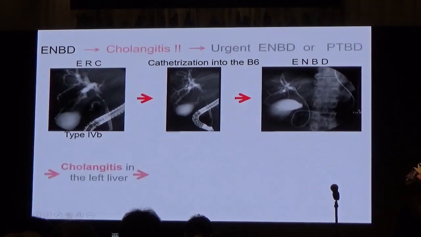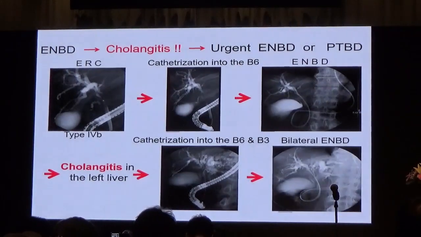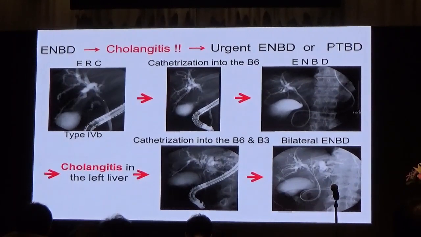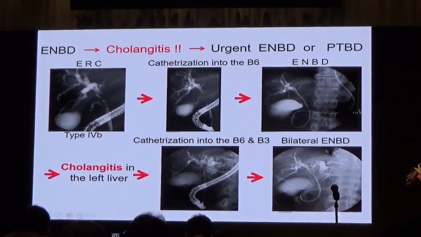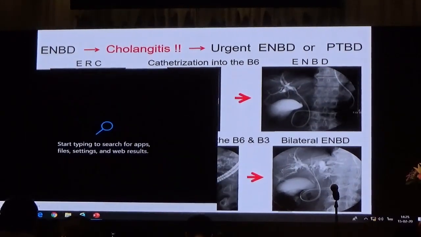However, this patient developed cholangitis after segment 6 ENBD, and the cholangitis developed in the left side. So catheterization into segments 6 and 7 was carried out. This is a bilateral ENBD to treat the cholangitis preoperatively. We must be very, very careful. We must always treat preoperative cholangitis.